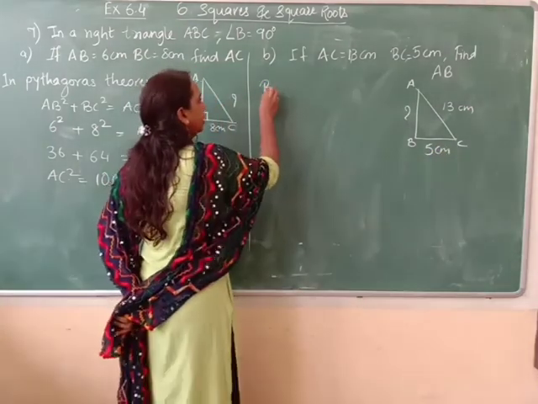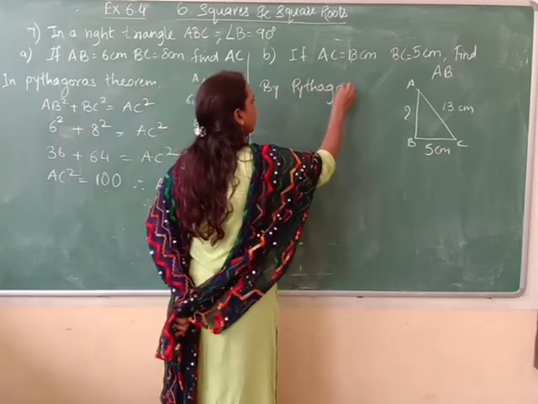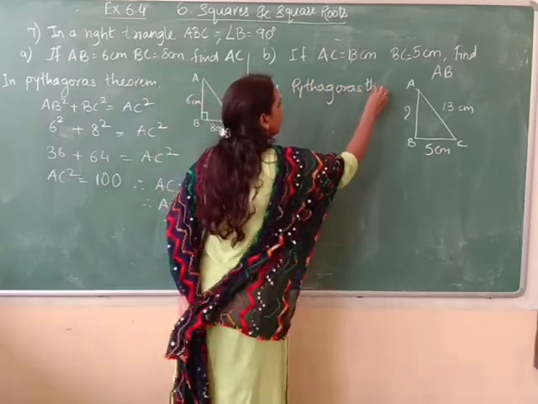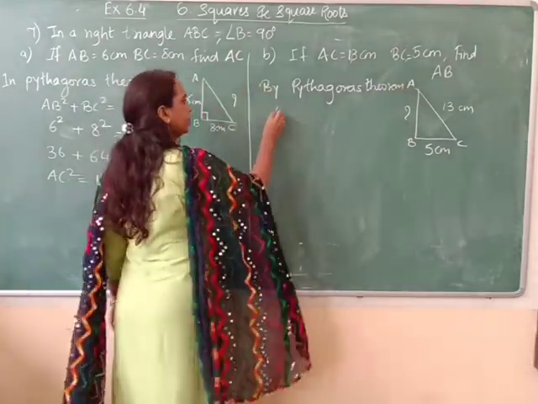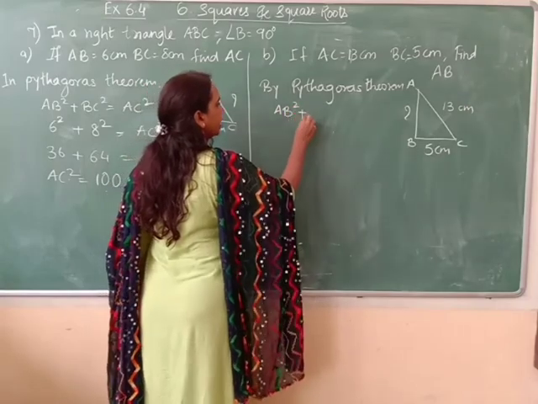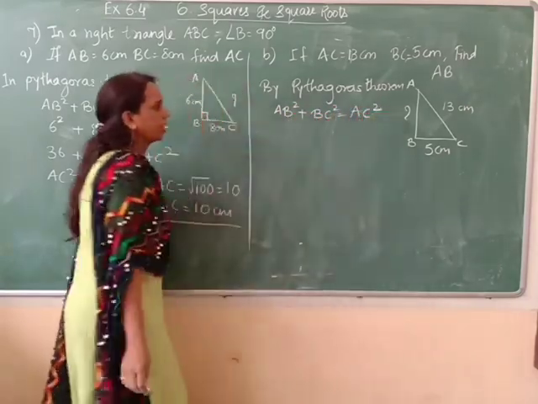So according to Pythagoras theorem, what is the Pythagoras theorem? AB square plus BC square is equal to AC square.